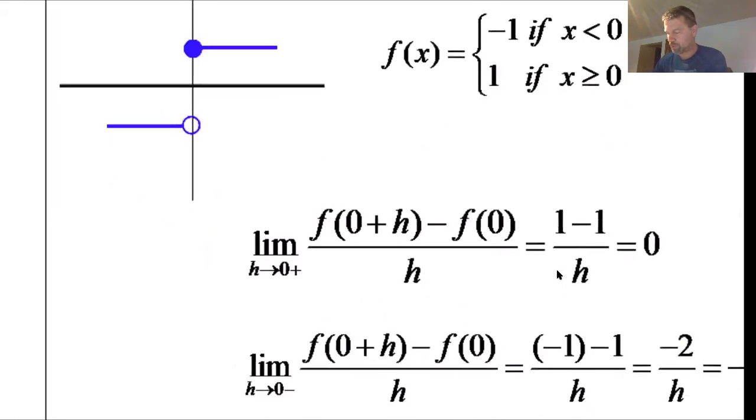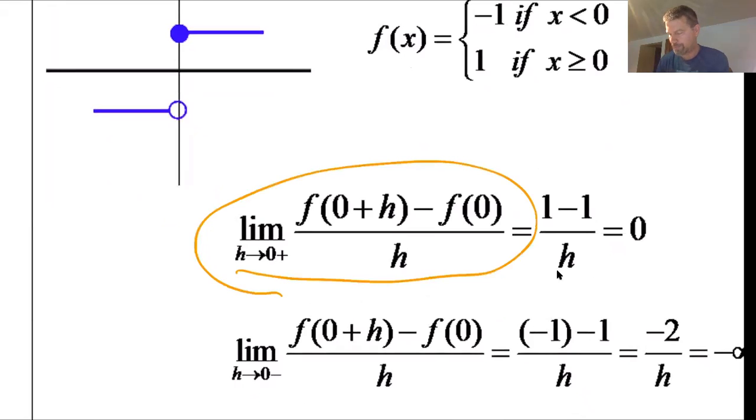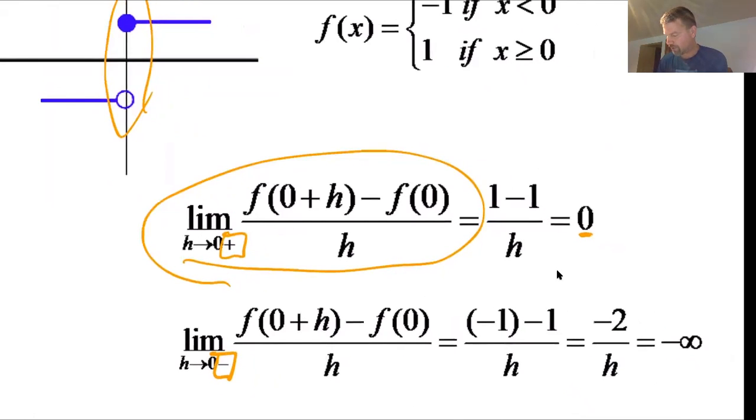You can prove it with our derivative function here, right? This one I actually used the limit definition of the derivative to find the slope at 0. And from the right-hand side, I got a value of 0. But from the left-hand side, I got a value of negative infinity. Those do not agree.